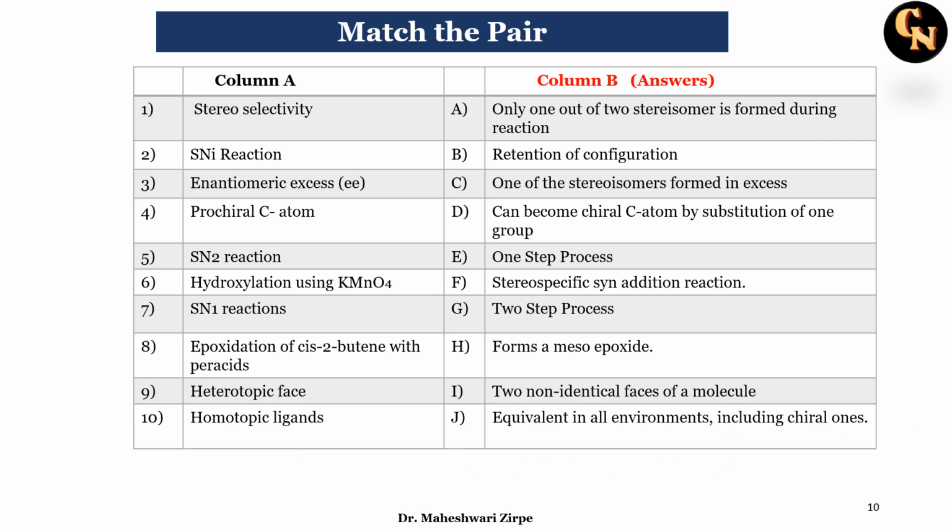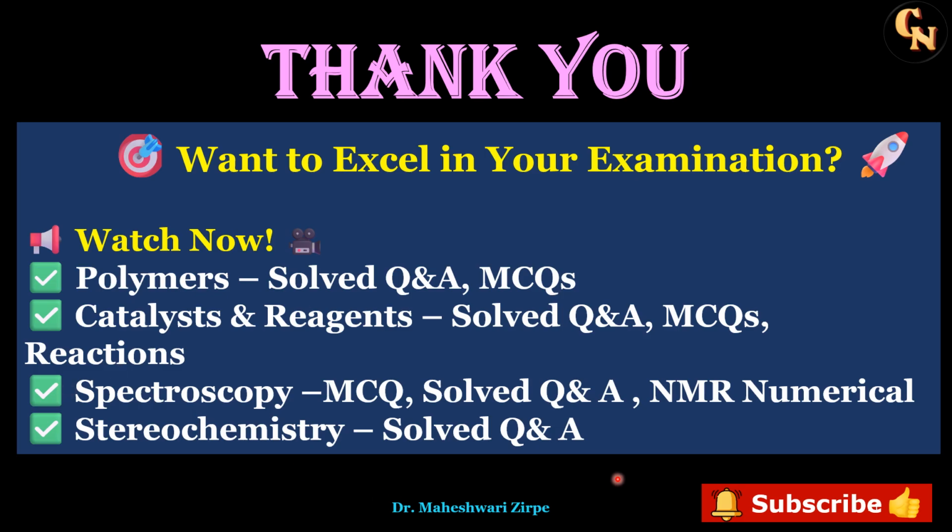Just go and watch those videos so that you can understand the theory part of stereochemistry also. This is stereochemistry part 2, because we are not considering the basic stereochemistry, that is enantiomers, diastereomers, which comes under stereochemistry 1. So whatever we are watching is stereochemistry part 2.